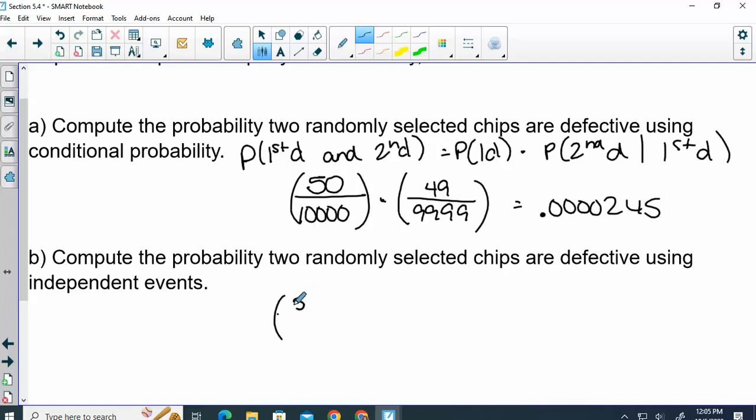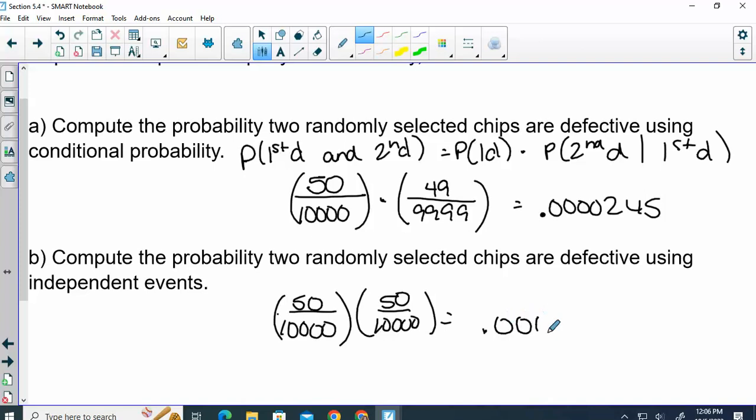So it's just 50 over 10,000 times 50 over 10,000. And so we get 2.5 e to the negative 5. So it looks like that. All right. Any questions there?